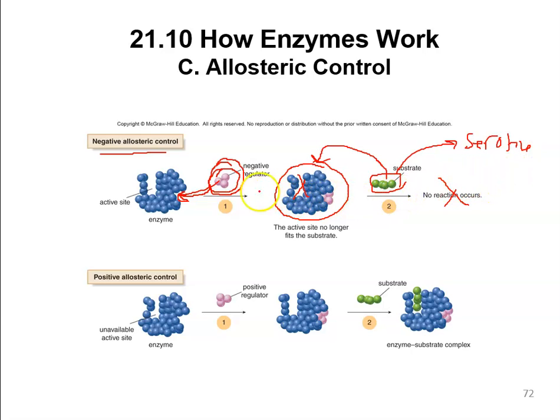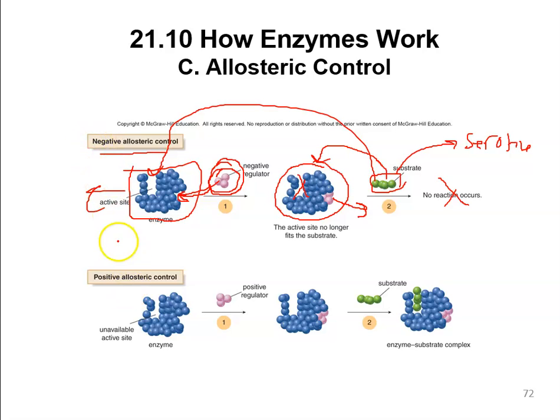So sometimes if you have way too much of the molecule it's trying to make, it bonds onto the enzyme and shuts it down so it can't make any more. Once this pops out and I don't have a lot of serotonin, it goes back into this state, and then I can take a substrate and go in there and make more serotonin.